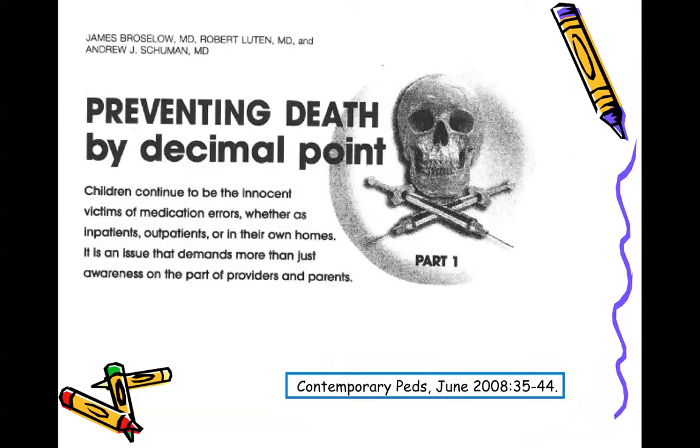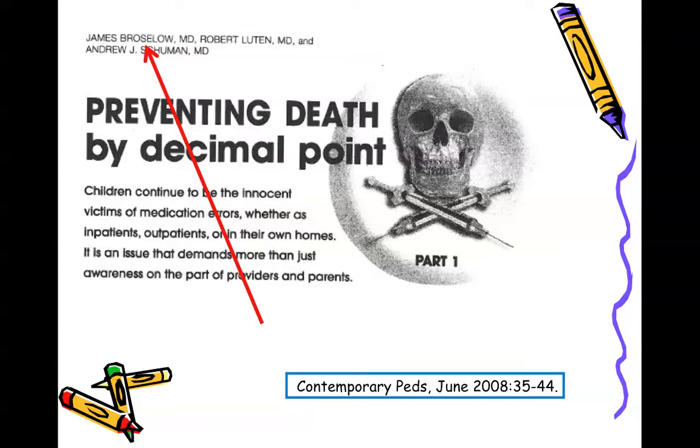This is an important topic because if you don't recognize that the math is important and you have to be very careful when figuring out the dosage and the concentration instructions, this can lead to harm. This is an article from Contemporary Pediatrics in 2008 written by James Broselow, who is known for the Broselow tape in code carts for pediatrics, where he tries to make it simple, based on the child's height, to allow people in emergency situations to dose medications.